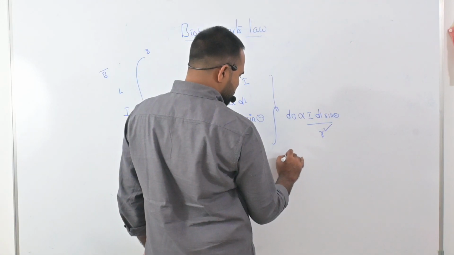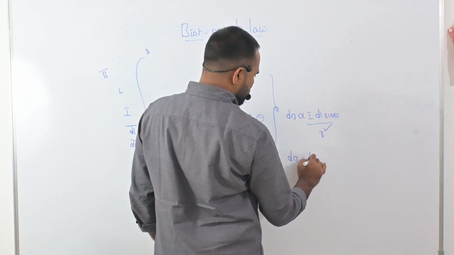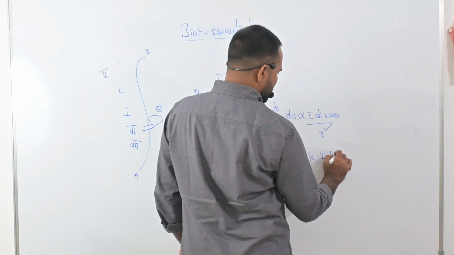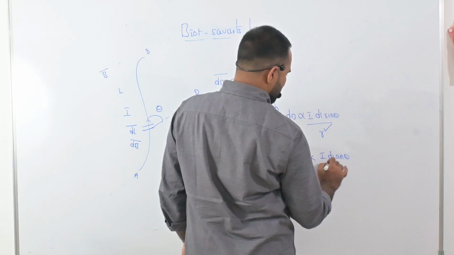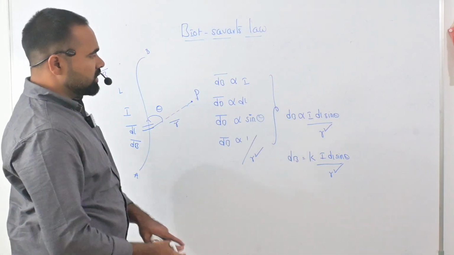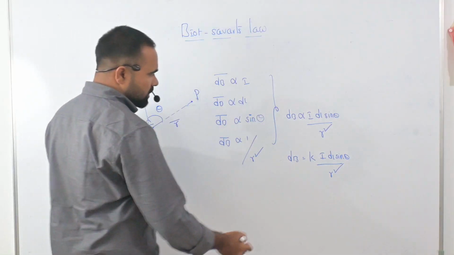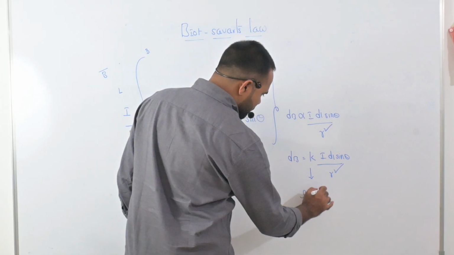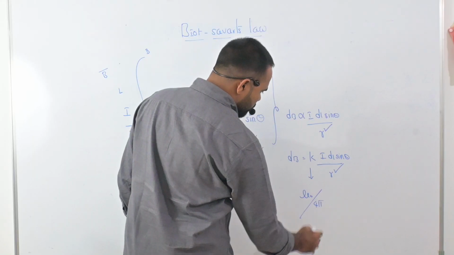That constant means dB is equal to K into I into dl sine theta by r square. Here K is the constant, and it has a value. The value we can write now is mu naught by 4 pi.